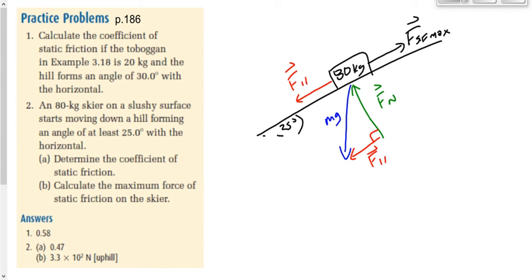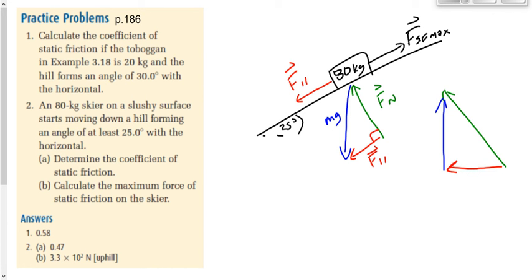The normal force must be at 90 degrees to the surface every single time. The force of gravity must be drawn straight down in these questions every single time. And then F parallel must be drawn parallel to the surface so that it's at 90 degrees to the normal force. This is the diagram that you want to see every time, not this diagram. Okay, you don't want to see this. What's wrong with this?